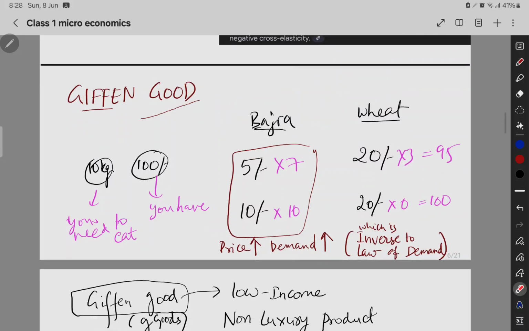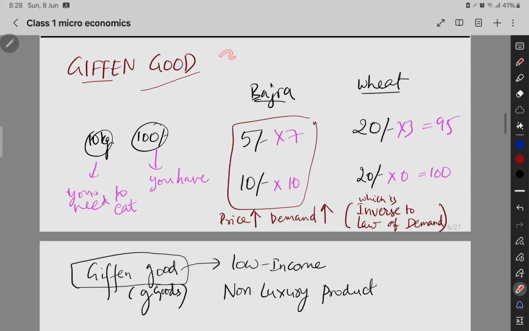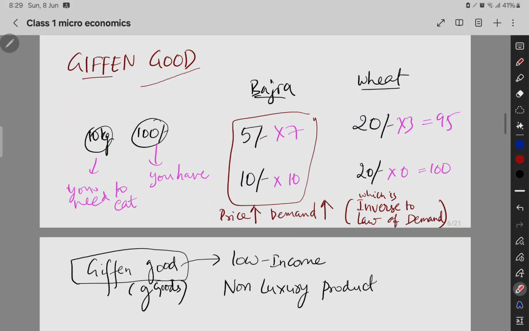What is a Giffen good? A Giffen good is nothing but a low income non-luxury product. Example, rice. A low income non-luxury product, that is your necessity. So if the price of rice increases, people would still like to buy.